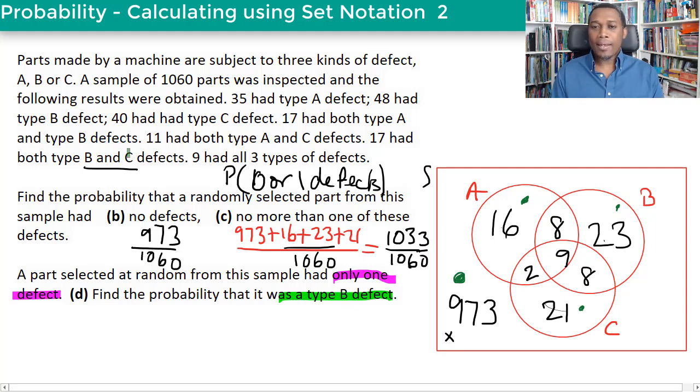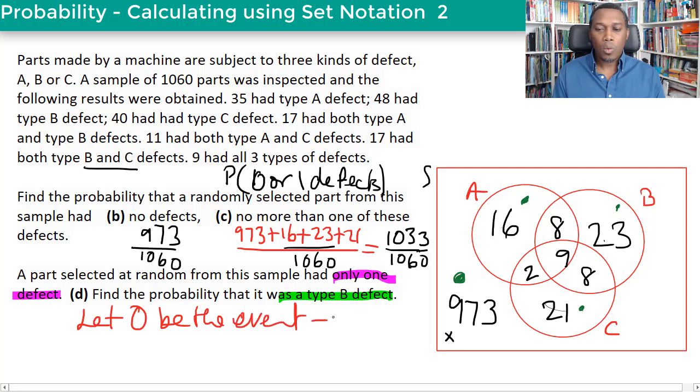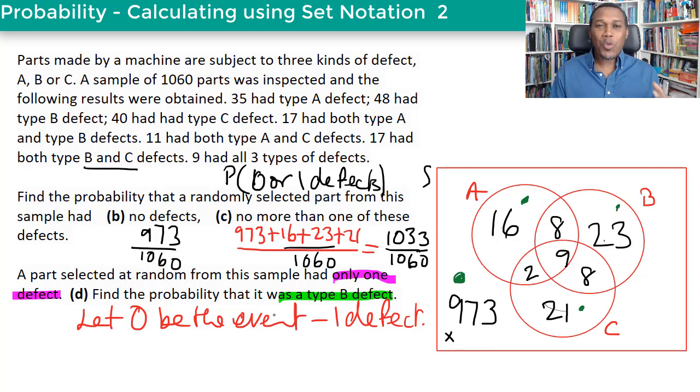And for simplicity, and to make my link to conditional probability, I would say let O be the event, a part with one defect. I'm just using shorthand, calling it O1, short for 1. The reason I'm calling it O is because if we were to write the set that represents parts with one defect using set notation, it's going to be a long string.